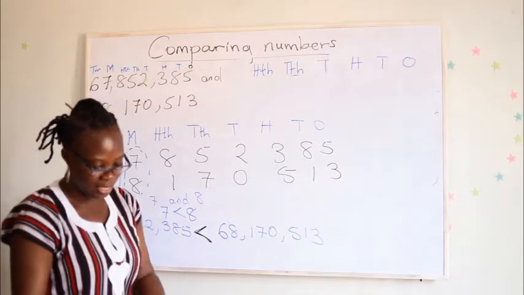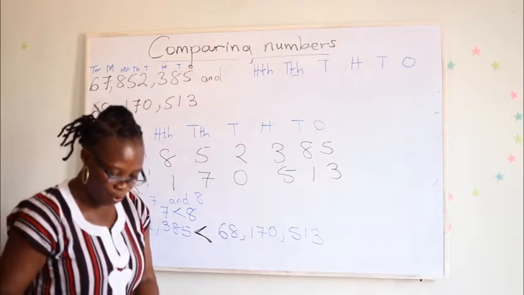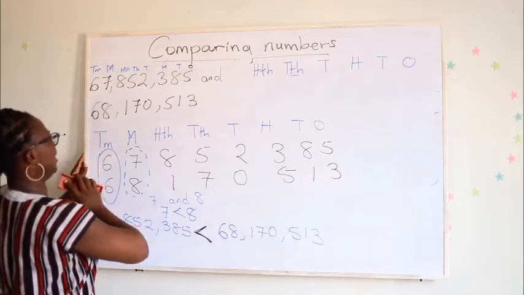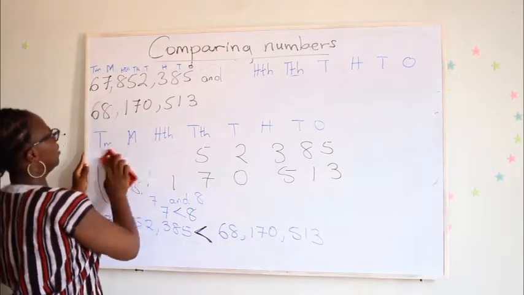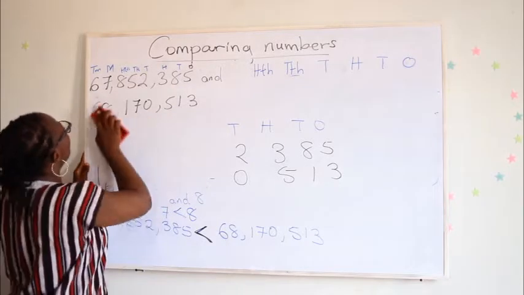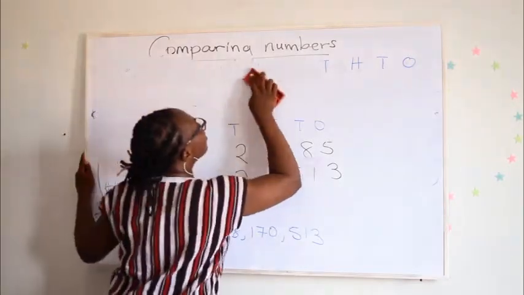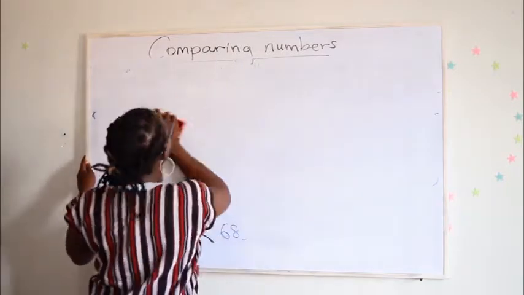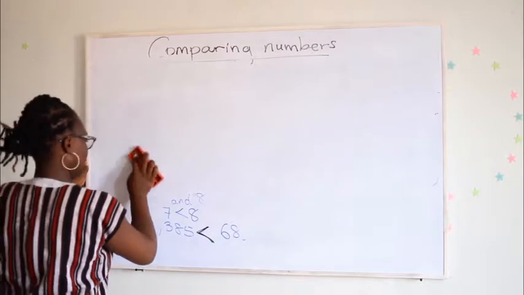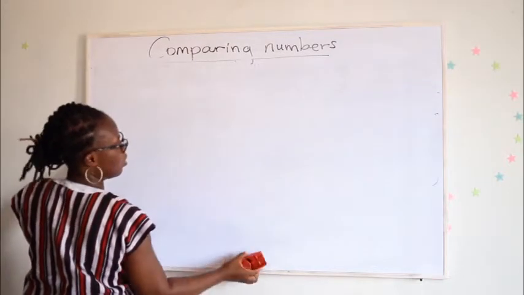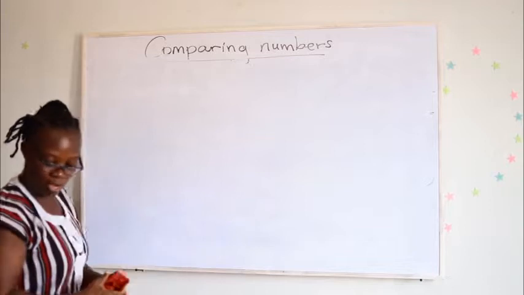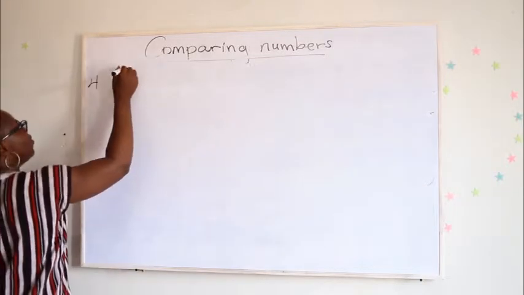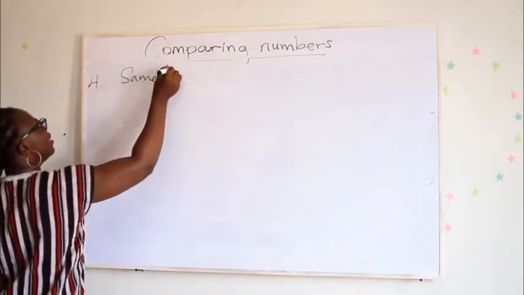Now let's look at the other way. If the two digits, the fourth one, let's say we have the same digits.